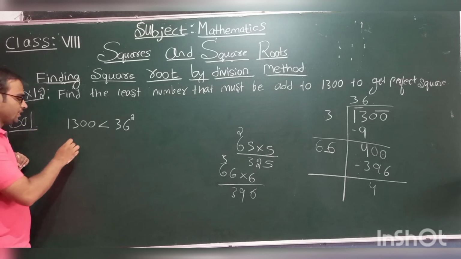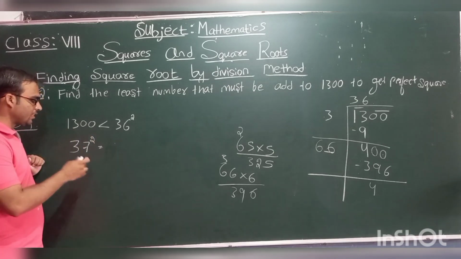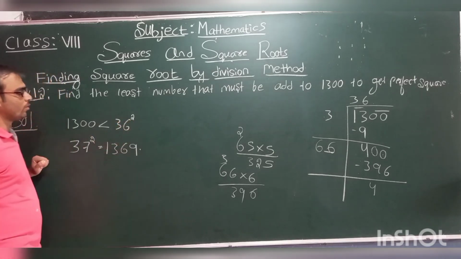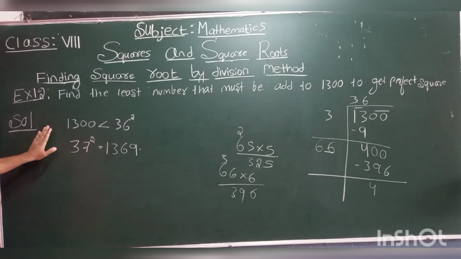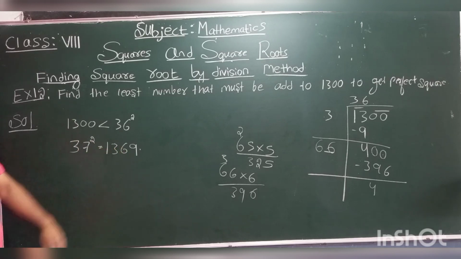Now find 37 square. What is 37 square? That is 1369. Now subtract 1300 from 1369.